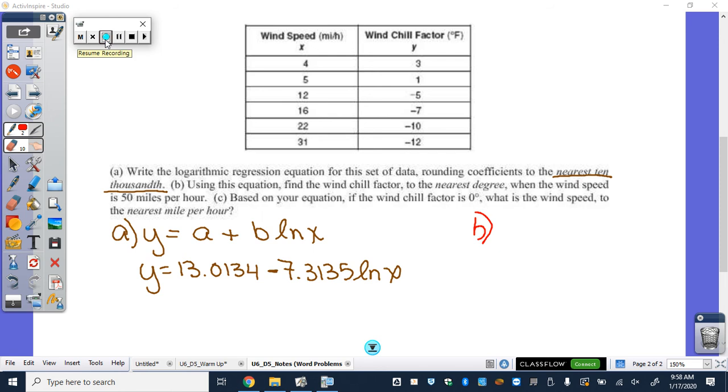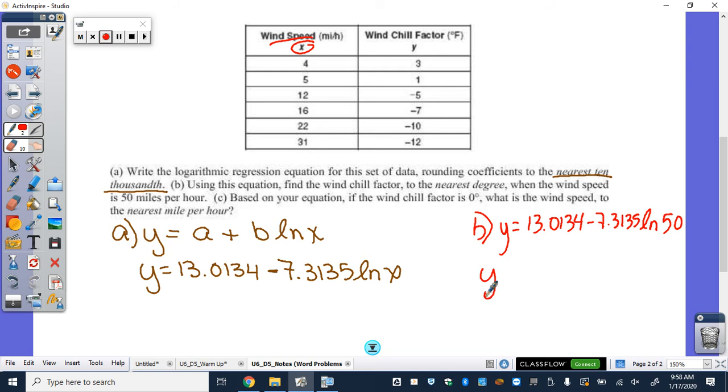All right, part B. Using this equation, find the wind chill factor to the nearest degree when the wind speed is 50 miles per hour. So again, wind speed, if you look at our table, that is our x. So we're going to plug 50 in for x of our equation that we just found. So it becomes 13.0134 minus 7.3135 ln of 50.